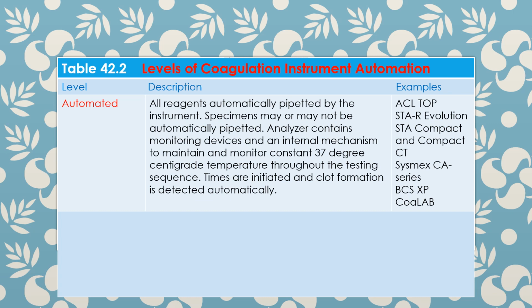Automated: all reagents are handled automatically by the instrument. Specimens may or may not be automatically pipetted. The analyzer contains monitoring devices and an internal mechanism to maintain a constant 37 degrees centigrade temperature throughout the testing sequence.